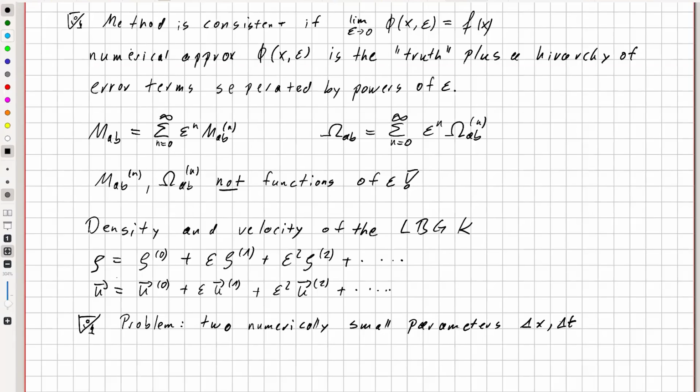But here in this numerical method, you kind of have the problem. We have to pay in space and we have to pay in time. So what we like to do is to couple both of them together and just ask what we have to pay. And this means we have to make a statement of how delta x relates to delta t, so that we have only one small parameter.